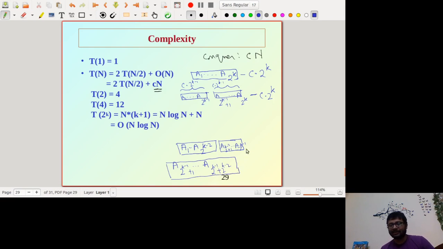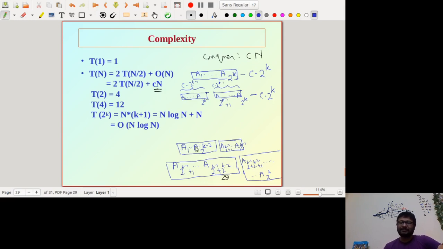And the final, so the second half of the second half of level 2 is A 2 power K minus 1 plus 2 power K minus 2 plus 1 to A 2 power K. So you see in each of these you have 2 power K minus 2 array elements.